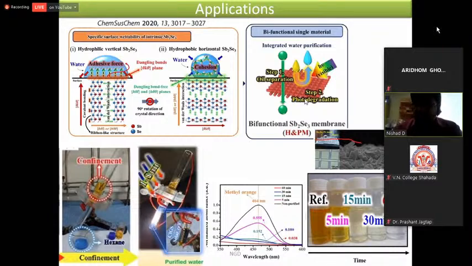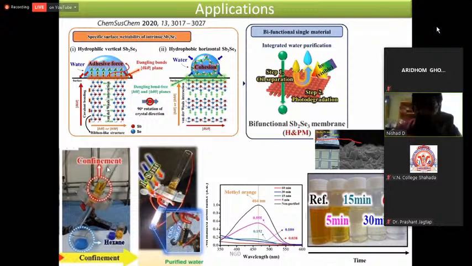Now if I have uncontaminated water, I will use this surface now. So I will irradiate this surface with some light so that electron holes are generated, and now if contaminated water is present, like dyes are present in this, then I can degrade the dye at the same time.